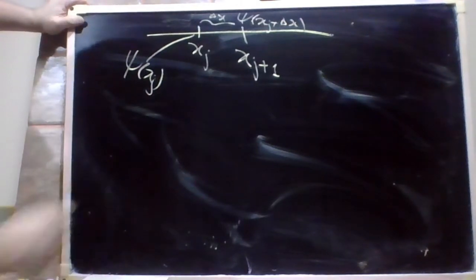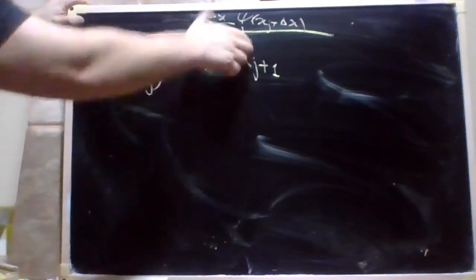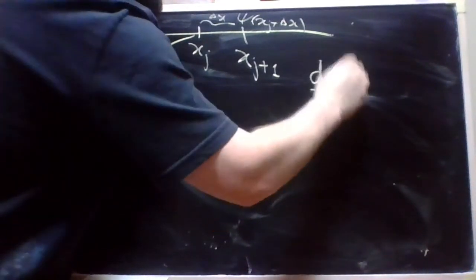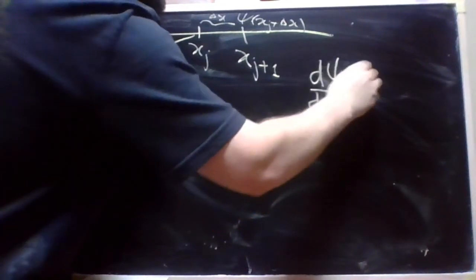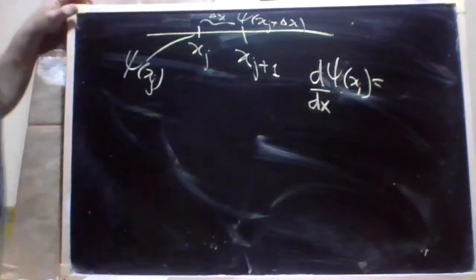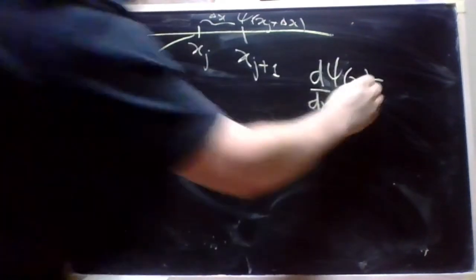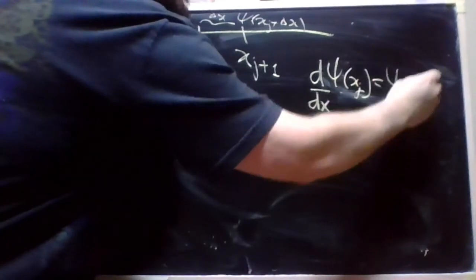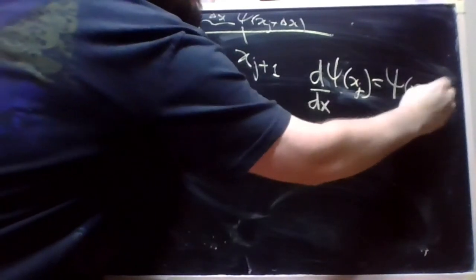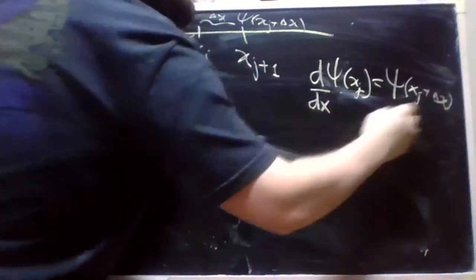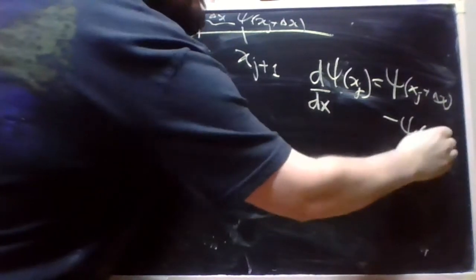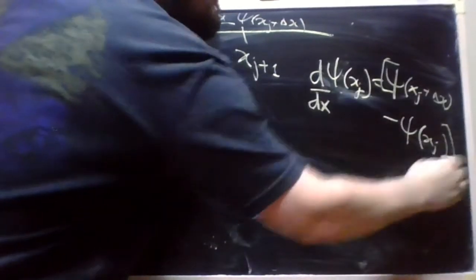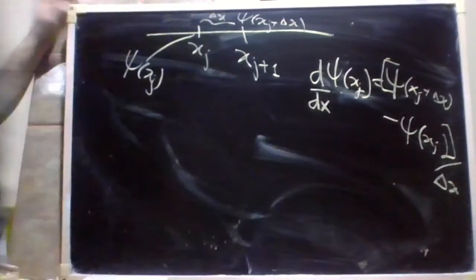The derivative at that point, d/dx of the function psi of xj, is just psi of xj plus delta x minus psi evaluated at xj, all divided by delta x.